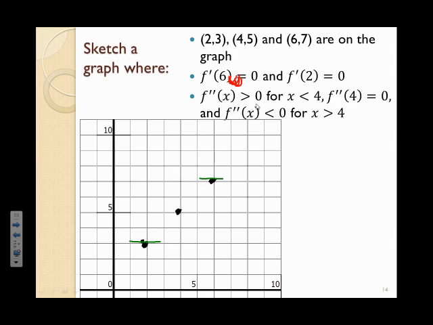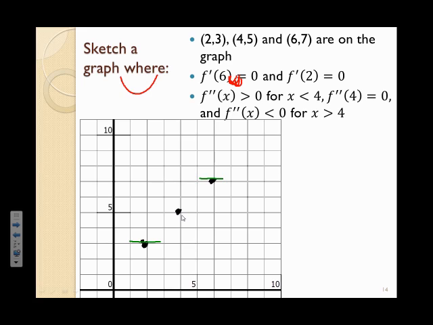And that happens when x is less than 4. Here x is equal to 4, so it's going to be concave up before this point. So in this section over here, it's going to be that kind of shape.